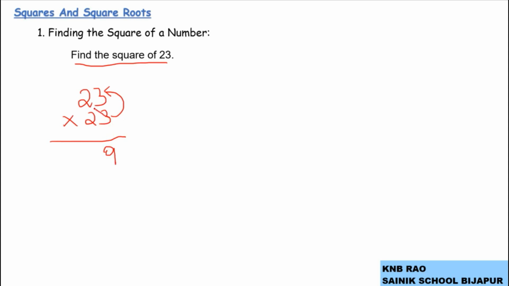This 3 multiplying to 2 gives 6. So, this 3 multiplying to all the digits of the other number gave 69, and below the units place digit we keep a plus sign. That means we do not do anything beneath that 9.